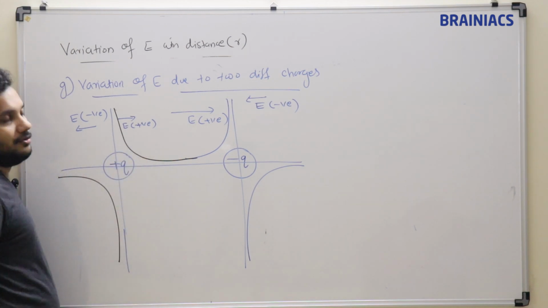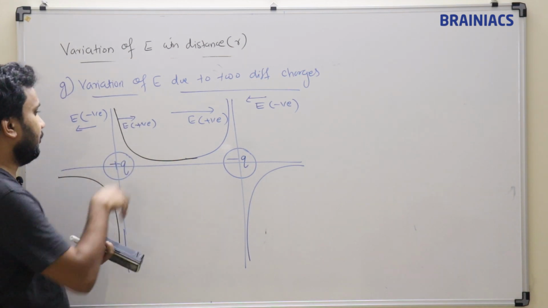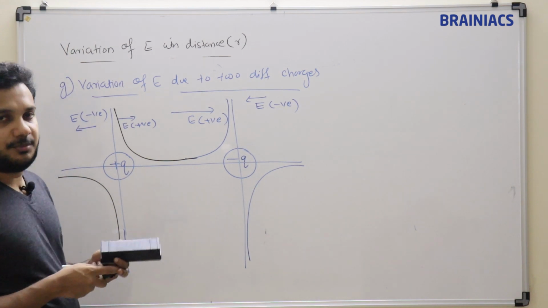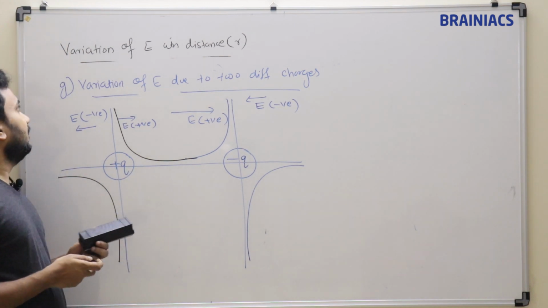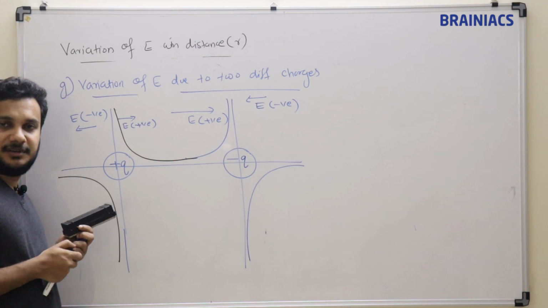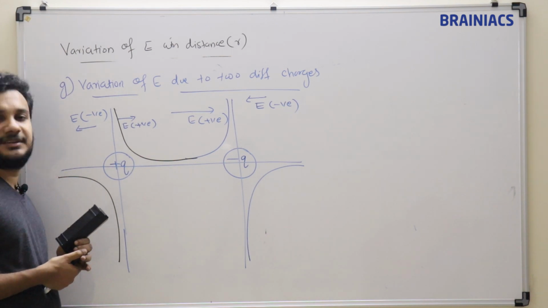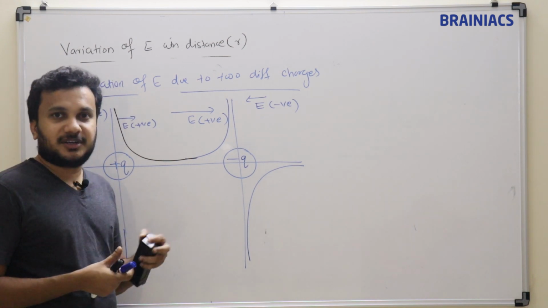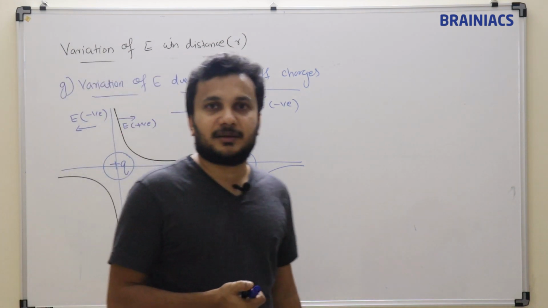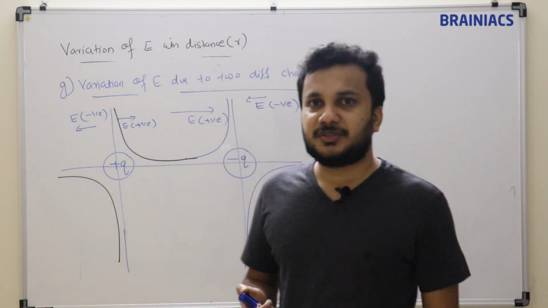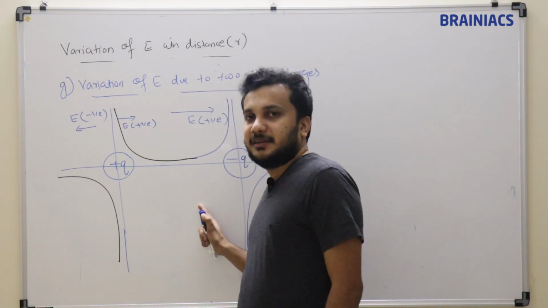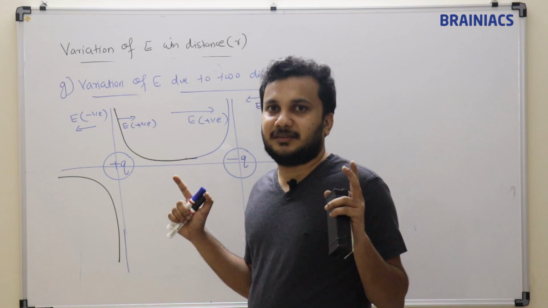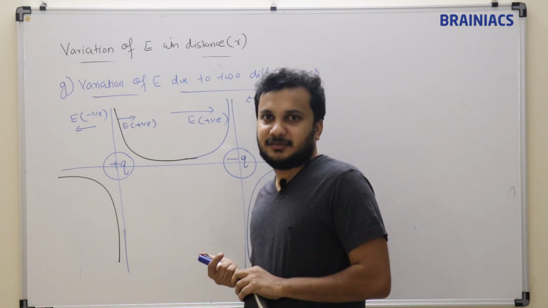Once you know how to draw the diagram for plus q and minus q, based upon that you can go ahead. Total 7 cases we have learned, A to G. All these A to G diagrams are important. We don't know which diagram is going to come in the NEET examination, but all this is just like playing mathematics.